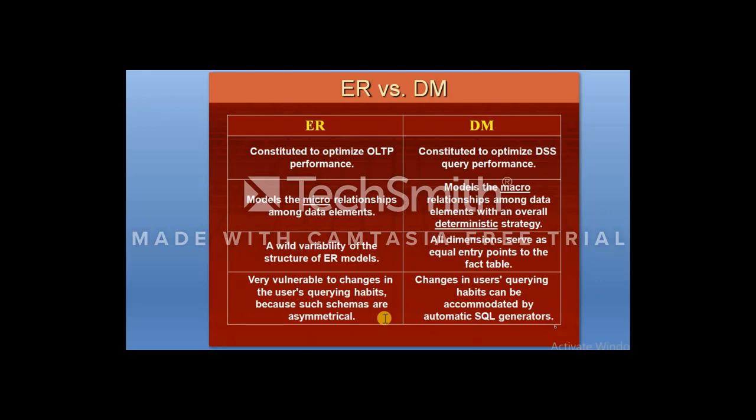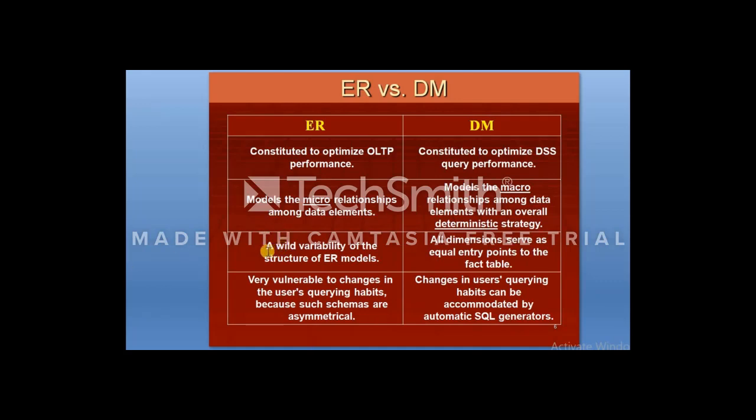What is the strategy? We do not want to make multiple joins to get the results. To avoid multiple joins, we have to avoid multiple entities inside our database. So dimensional modeling provides us with that strategy to limit the number of tables inside the database model.